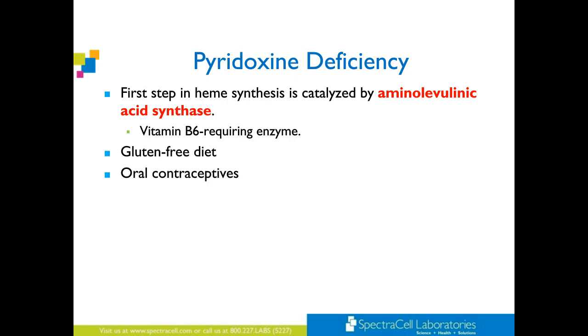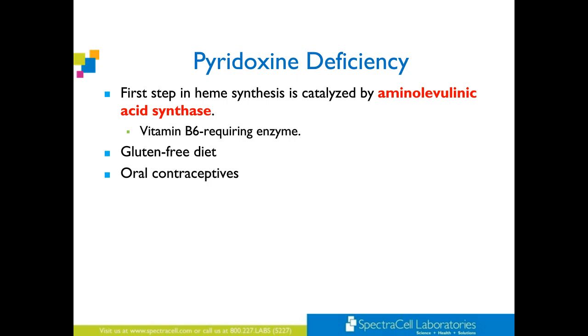The reason I did that is, one, B6 deficiency is common when a person is on a gluten-free diet. And that's very important to remember, because we know that autoimmune diseases can be caused by gluten sensitivity.